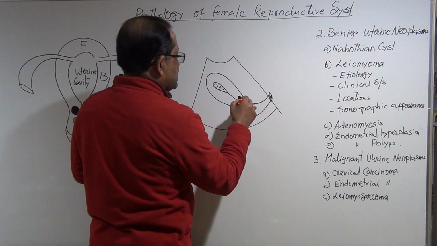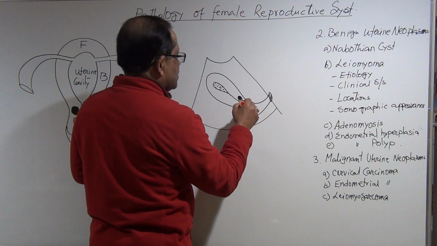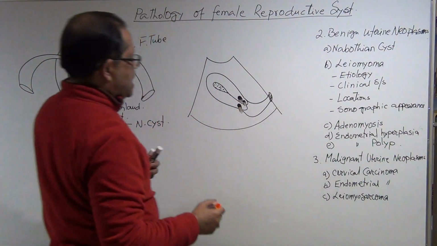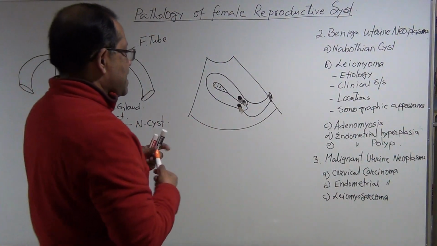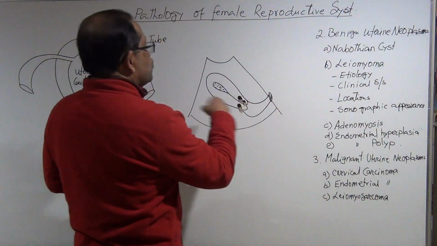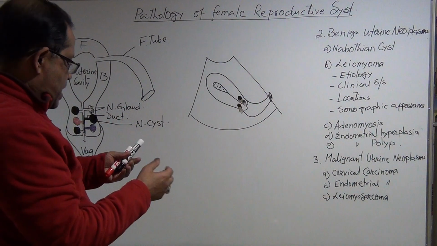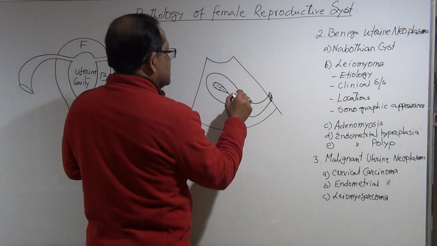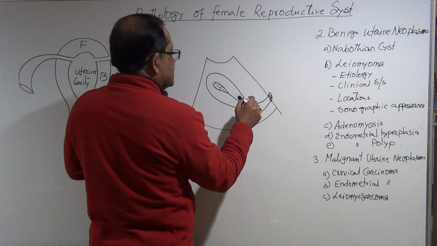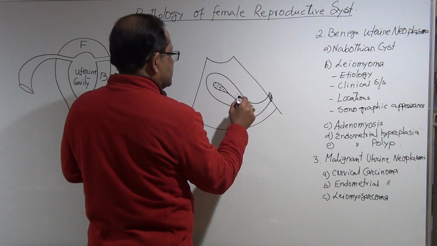It is completely anechoic. Posterior enhancement is brightness, completely anechoic inside, and its wall is very thin and small. So that's the way you will see the Nabothian cyst.